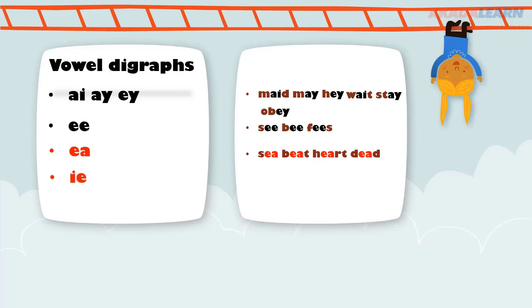Now you also have the digraph IE. Now IE, just like EA, makes so many different sounds. They make new sounds when they are together, and they make sounds like E in the word thief, a thief, someone who steals.